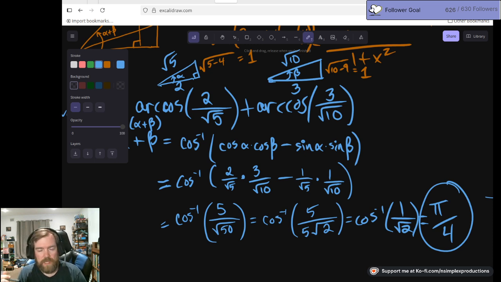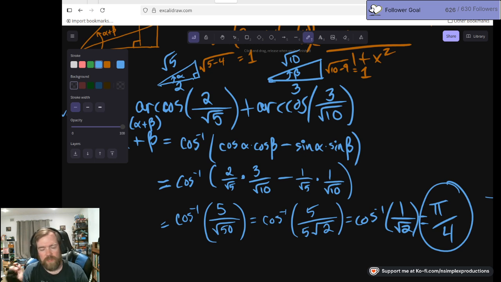Well, we found out that the extra side was 1 in both cases. So here the opposite over hypotenuse for these respectively is going to be 1 over root 5, 1 over root 10. When we multiply those together in the appropriate amounts, we get 6 minus 1 over root 50. So that's going to be a 5 over root 50 that we're then taking the inverse cosine of.